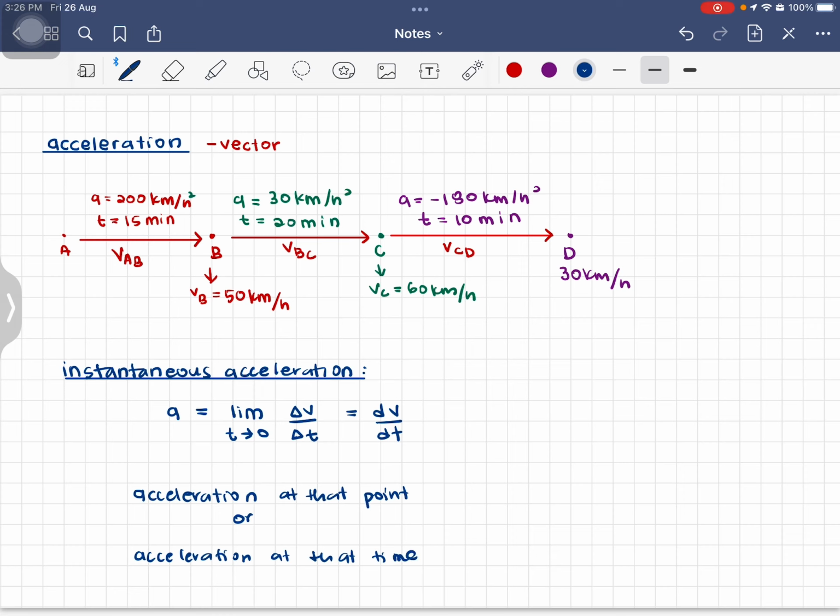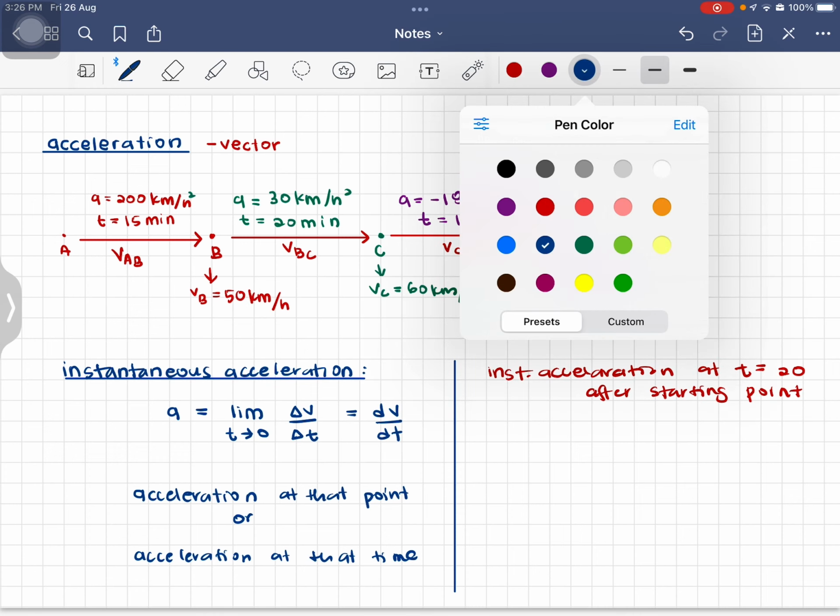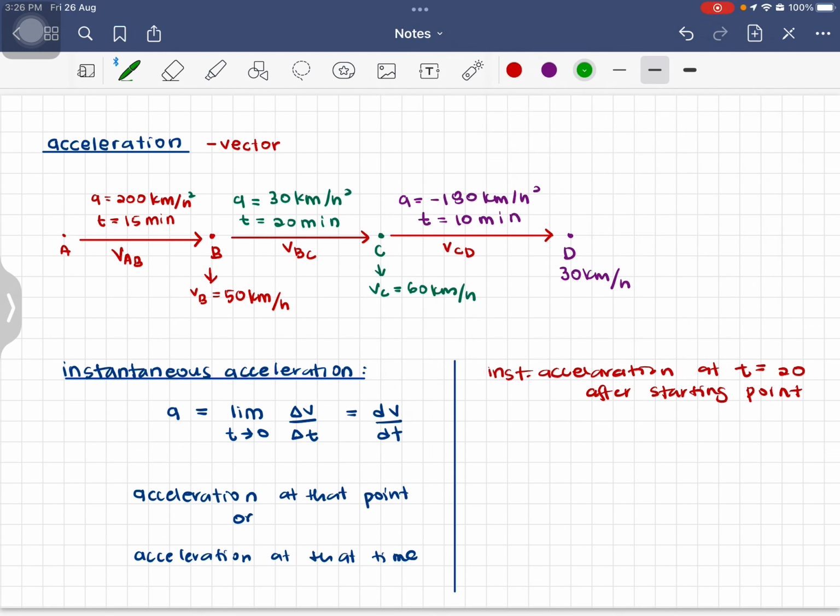For example, if I say I want the instantaneous acceleration at t equal to 20 minutes after the starting point, referring to the diagram, 20 minutes from the starting point is 15 minutes plus another 5 minutes. So I want the point when it is here.